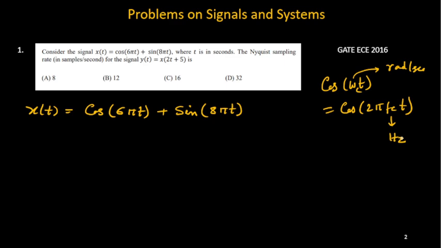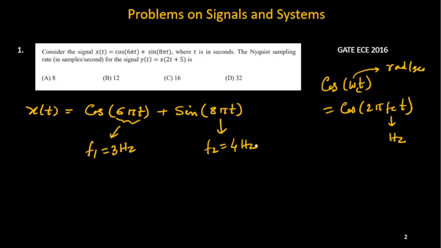So if we compare 2 pi fc equals 6 pi, obviously the frequency, which I will call f1, equals 3 hertz. Can you compare these two? 2 pi into 3 will give you 6 pi t. Similarly here, sine or cos does not matter, the same form. Its frequency will be f2, so I divide by 2 pi, so 8 pi by 2 pi is 4 hertz.